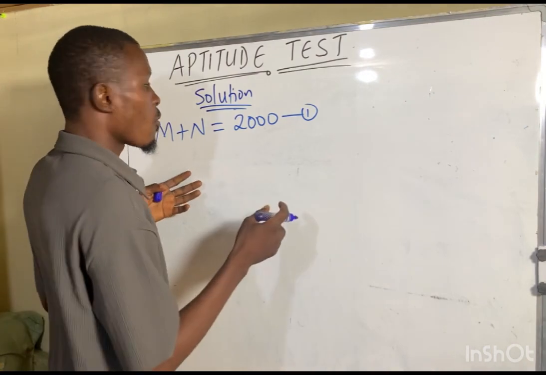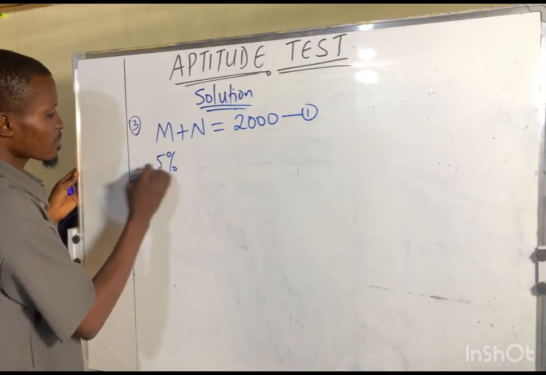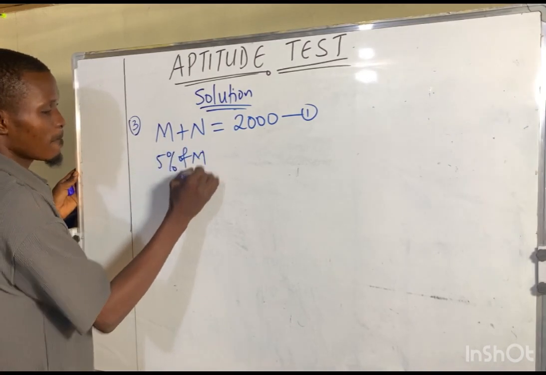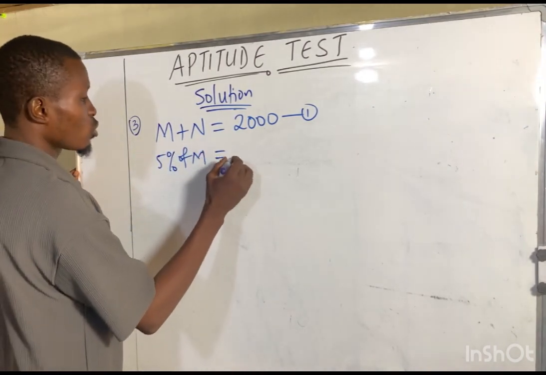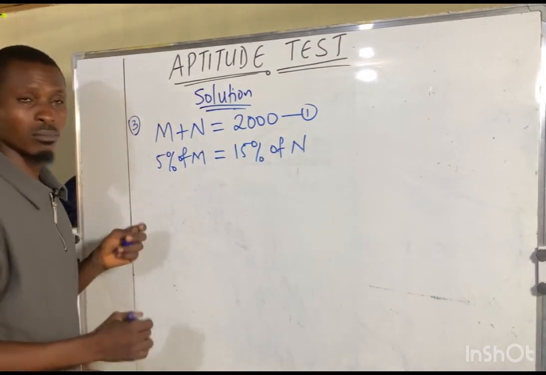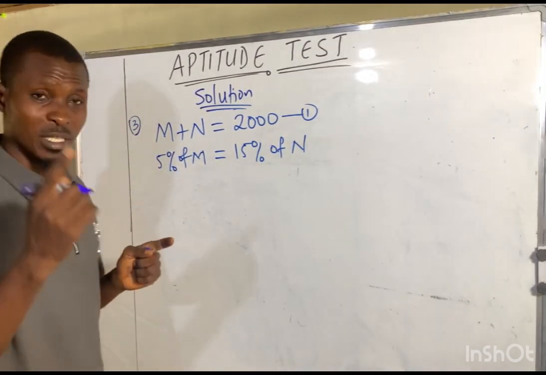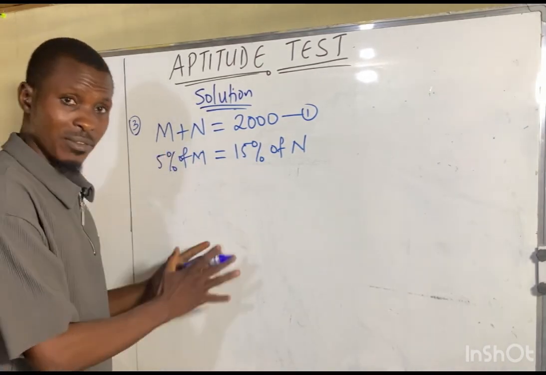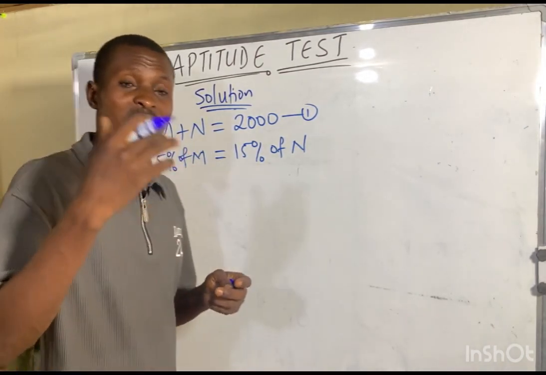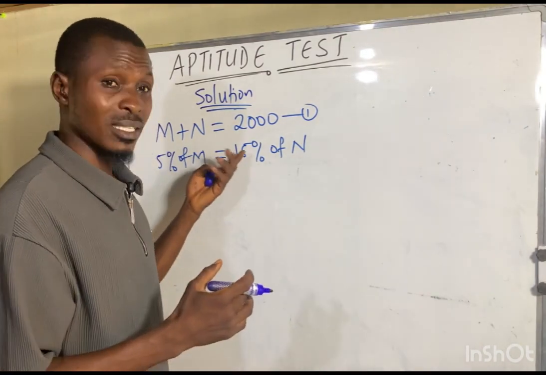So 5% of M equals 15% of N. M spends 95%, so he has 5% as savings. N spends 85%, so he has 15% as savings.